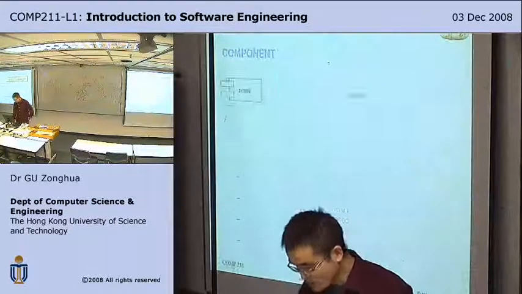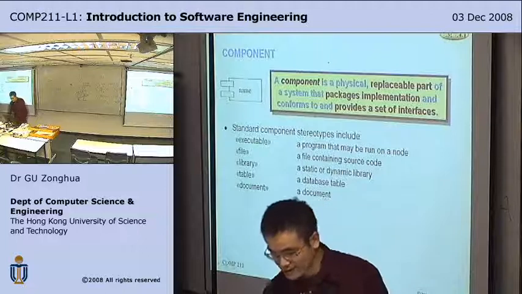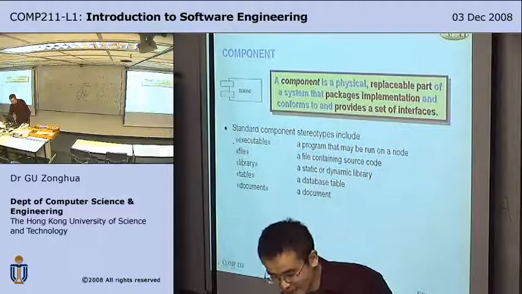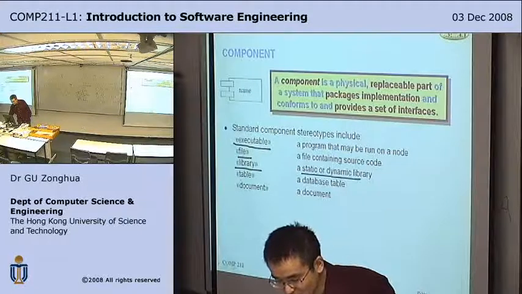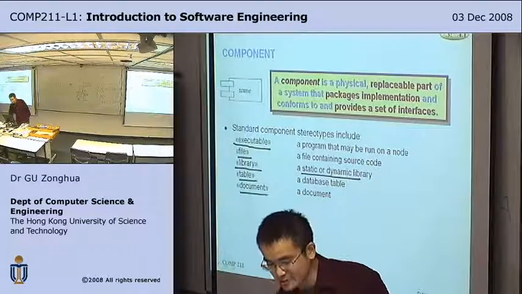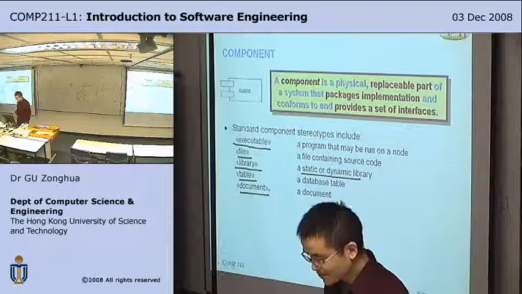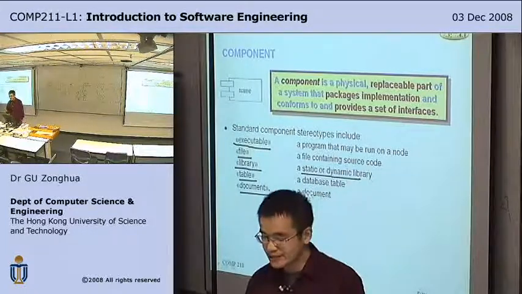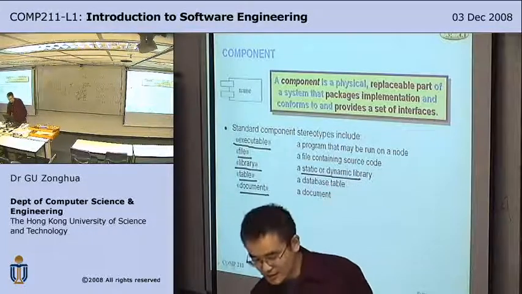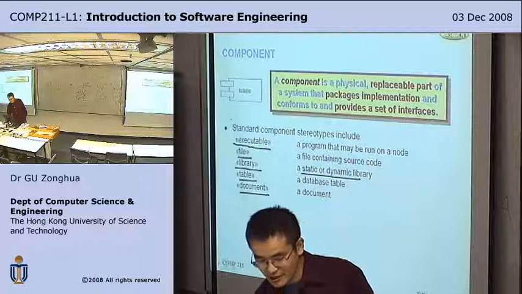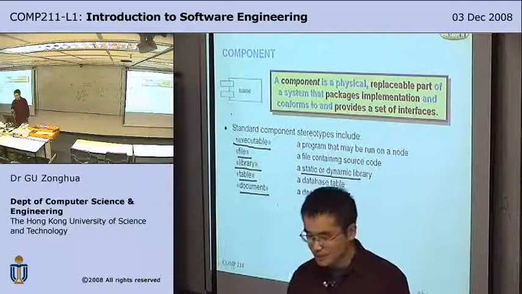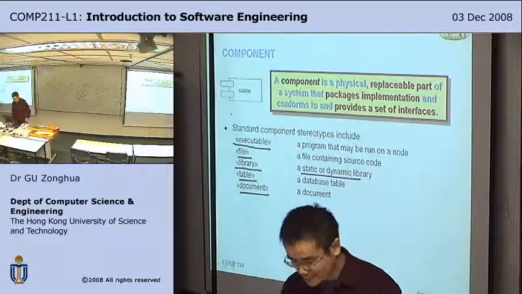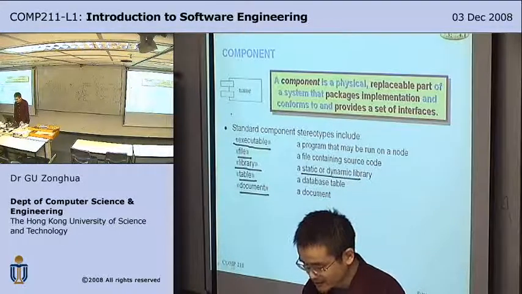So a component model can include obviously executable and file, but it can also be a library, static or dynamic, a database table, or a document like a manual. So it's a very generic term. These are stereotypes. Remember, these angular brackets, they are annotations to the class diagram to represent special meaning.